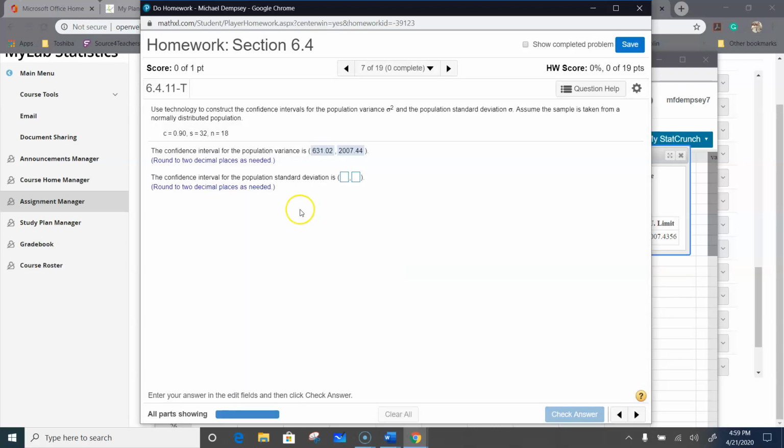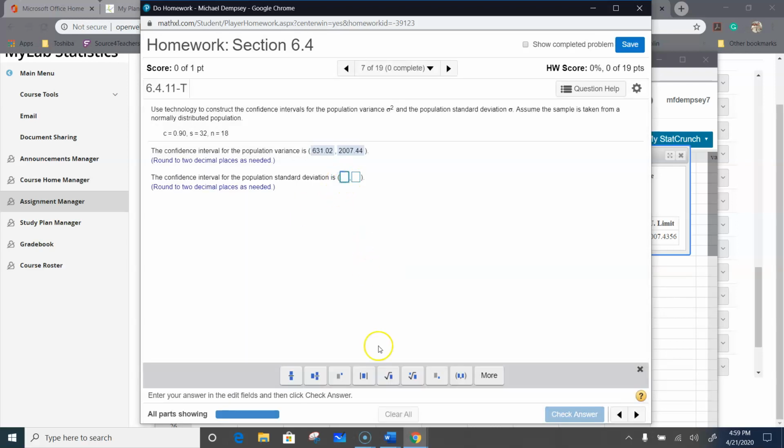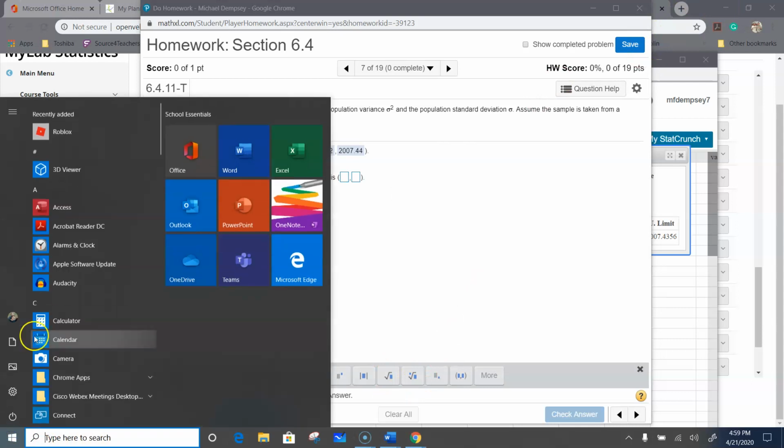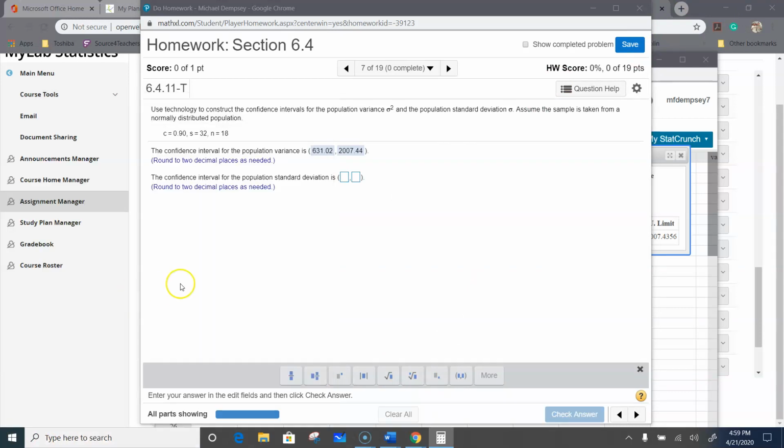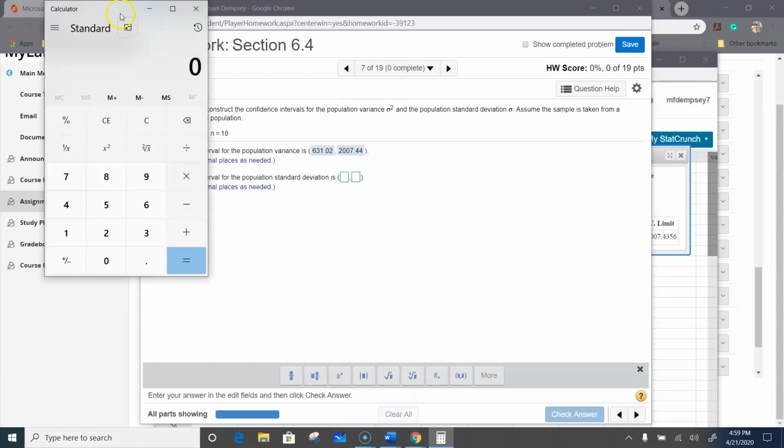Yeah, we're good there. So for standard deviation, all we want to do is just take the square root of each of those. Let's see if I can do my calculator again. So I want to take 631.02 and I want to square root that. So 25.12.